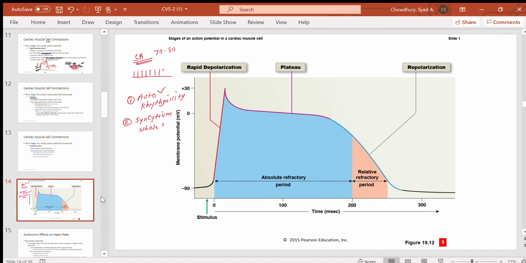So the muscle fibers work together as a unit. That is due to gap junctions and desmosomes, those intercellular junctions. We talked about that. And then refractory period. This is what I am going to explain now. Refractory period, or RP.